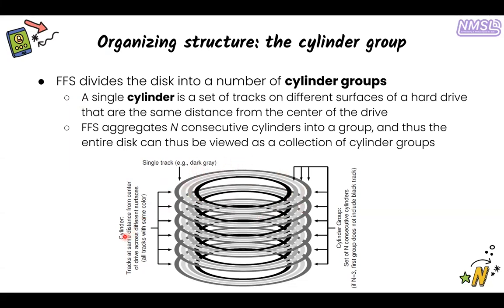A cylinder is the tracks at the same distance from the center of the drive across different surfaces. So all tracks with the same color, and these are grayscale so it's hard to differentiate, but the darkest non-black gray ones are all the same color, so these are all the same cylinder. The cylinder group here would be a set of n consecutive cylinders. So if n is 3, starting from the outside, it would be these 3 except the black one.